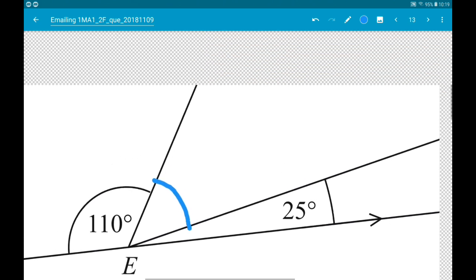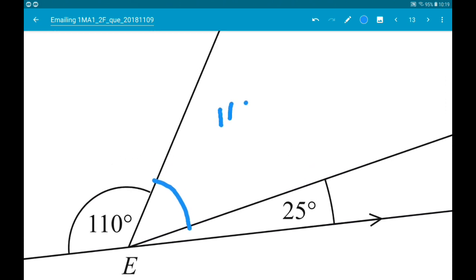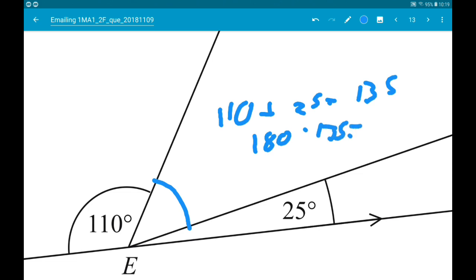So 110 add 25 is 135. 180 minus 135 is 45. So this blue angle is 45 degrees.